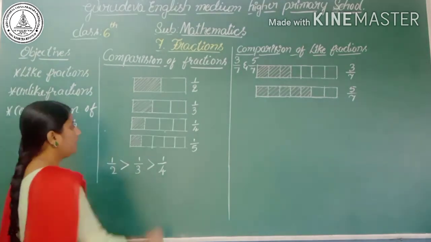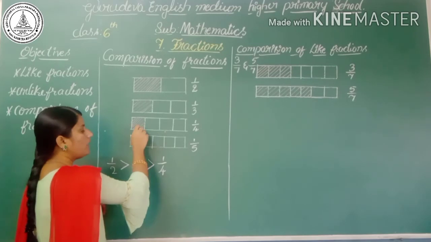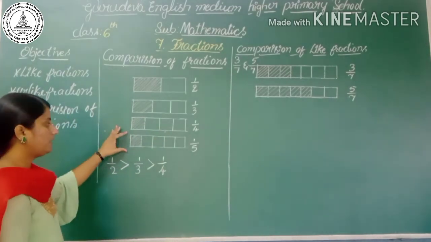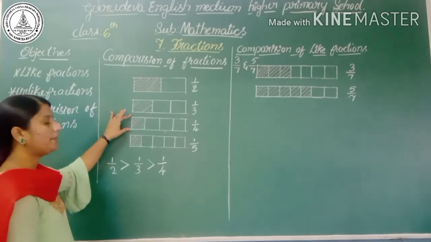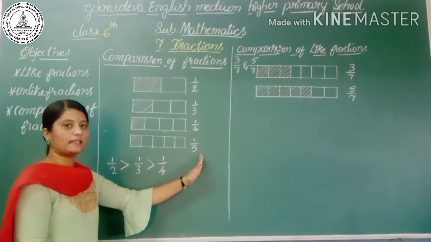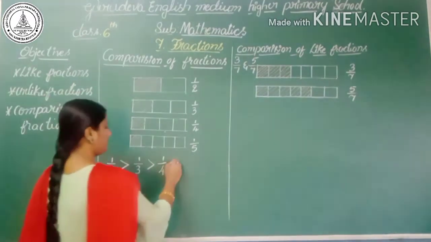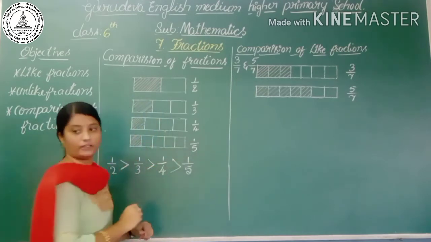Comparing these two pictures, 1 by 4 is the larger portion, right? Here there are 5 parts, here there are 4 parts, so one part is larger. So 1 by 4 is greater than 1 by 5.